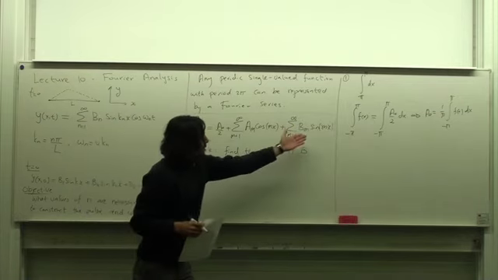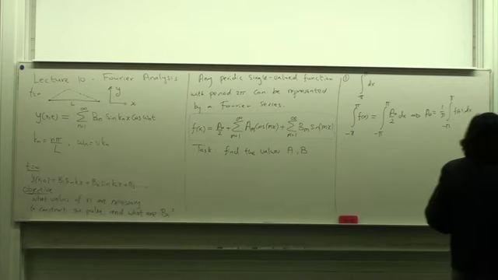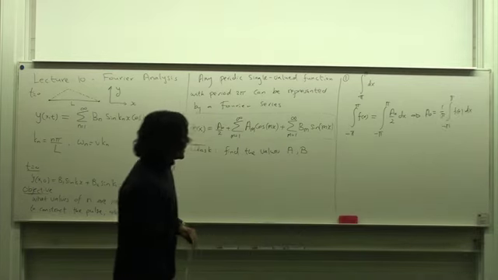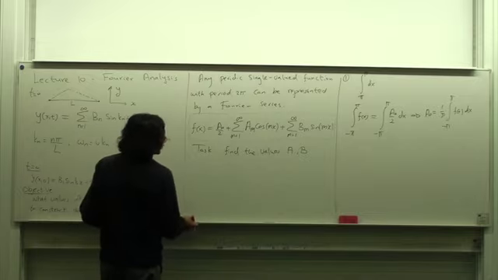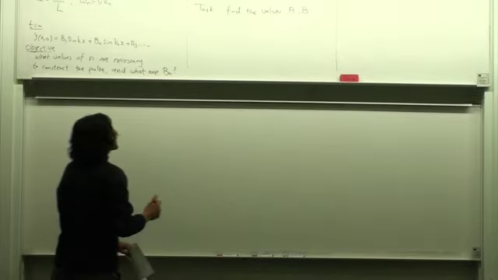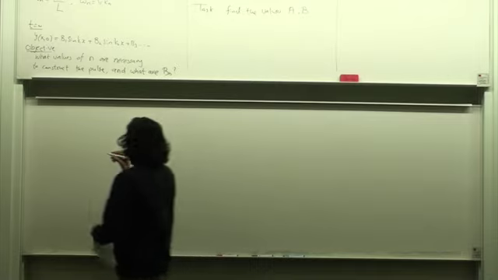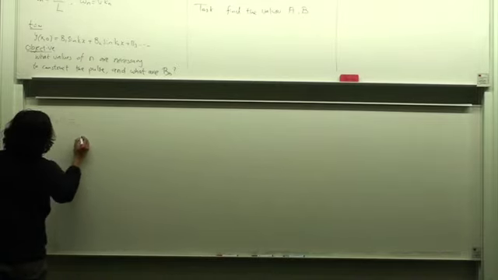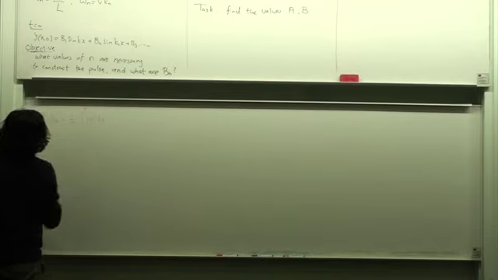We want to know the values of a and b. So we found a0: a0 is 1 over pi integral from minus pi to pi of the function f x dx.